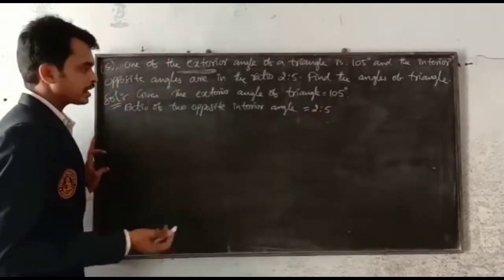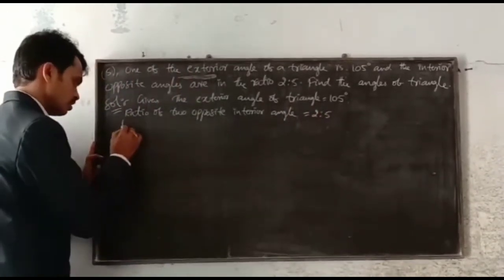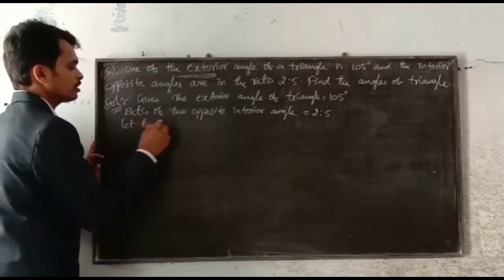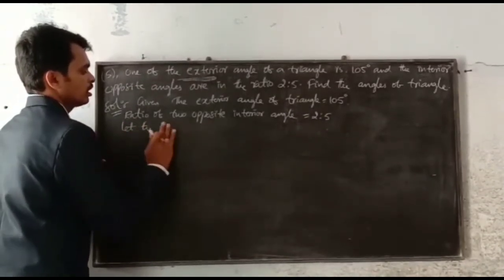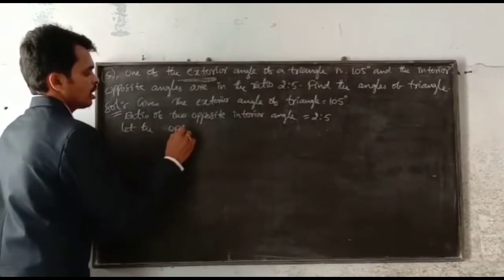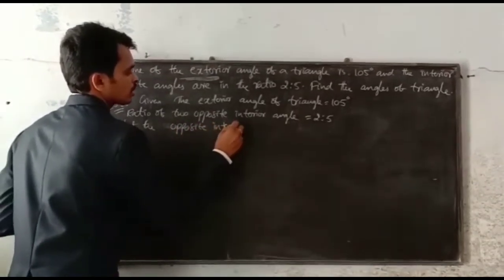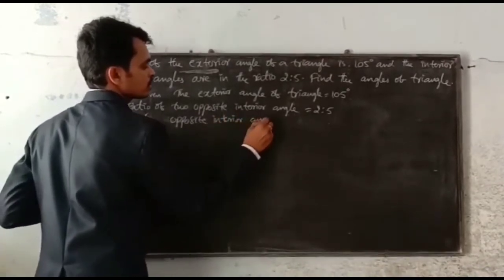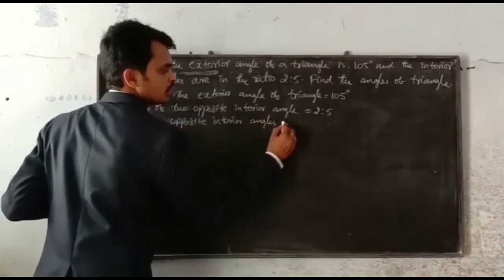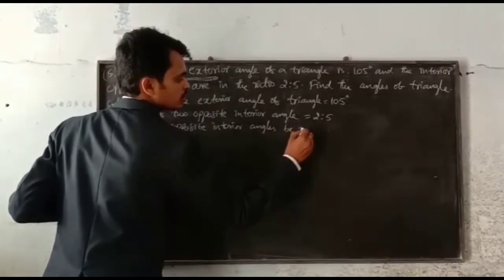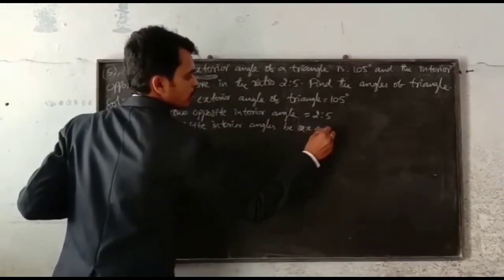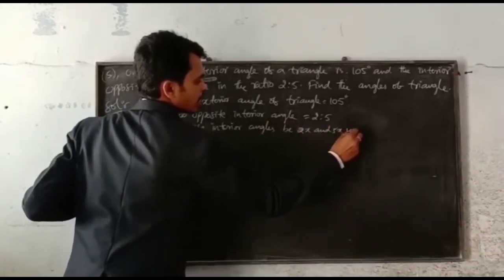So we don't know the actual angles. So let the opposite interior angles be 2x and 5x, say.